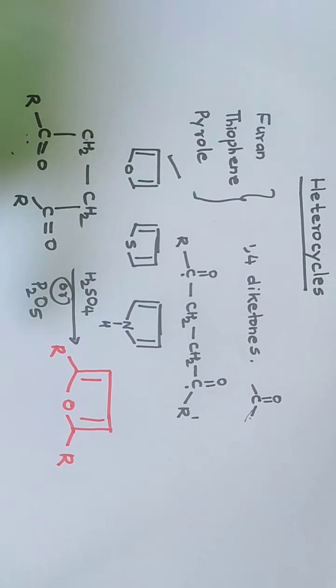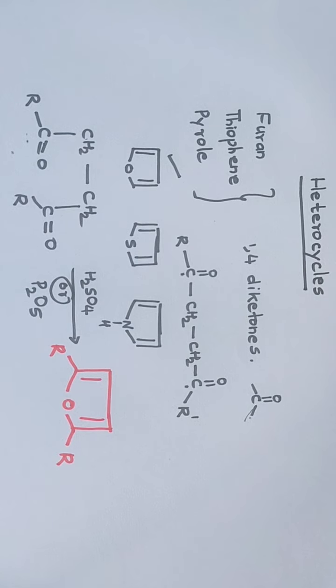Simple dehydration of 1,4-diketones using H2SO4 will give you a furan molecule. So furan derivatives are prepared simply by dehydrating 1,4-diketones with P2O5 or concentrated H2SO4. Hope this is clear.